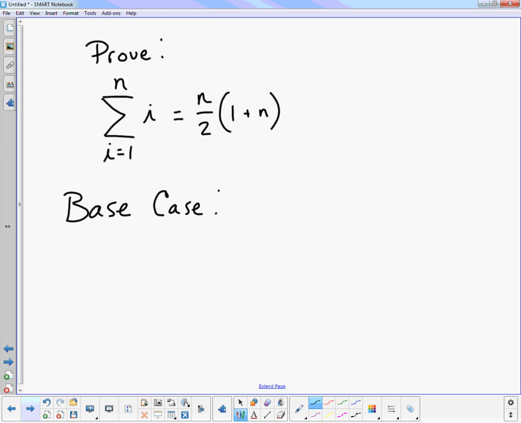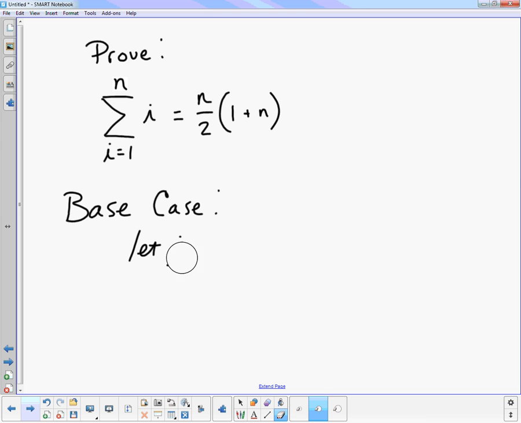Show that it holds for a very simple example, usually the first example, the first number. I don't think we need to change the variable right now.